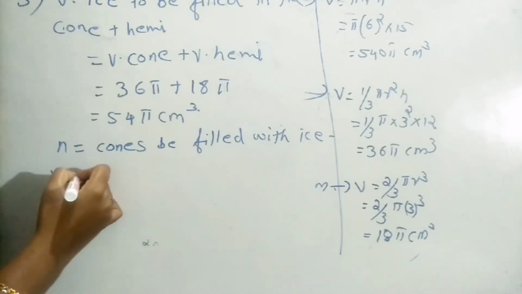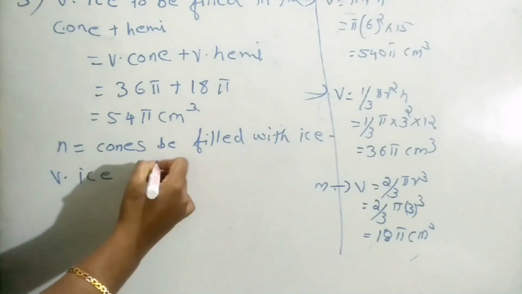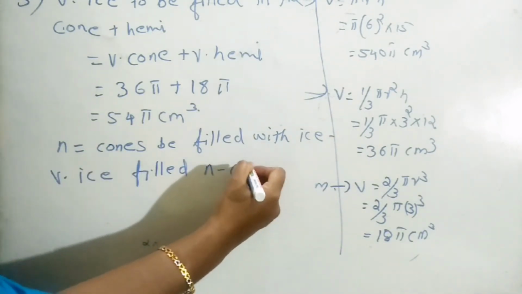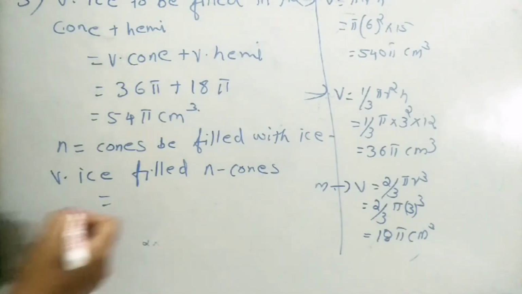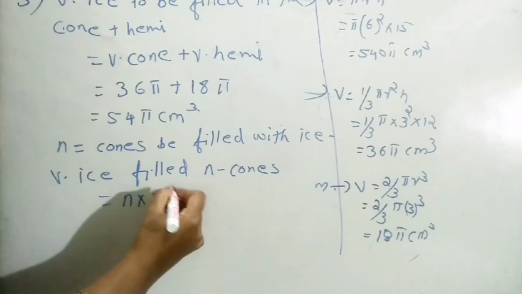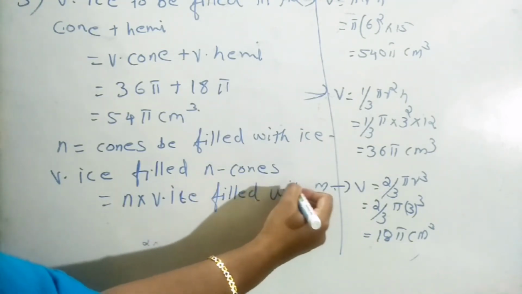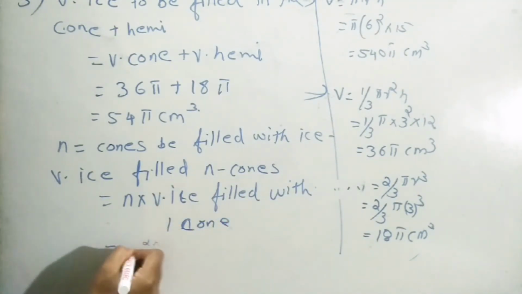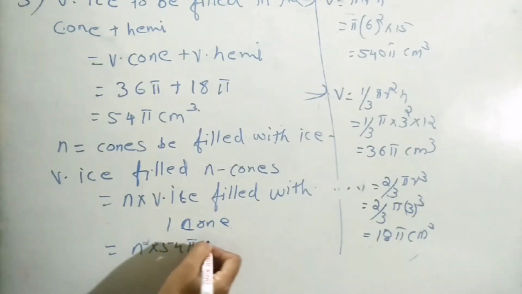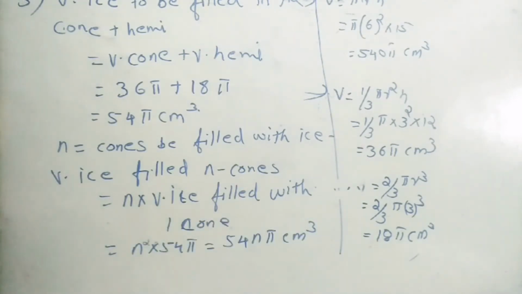Then the volume of ice cream filled in n cones is equal to n into the volume of ice cream filled in one cone. That is equal to n into 54 pi, which is 54 n pi centimeter cube.